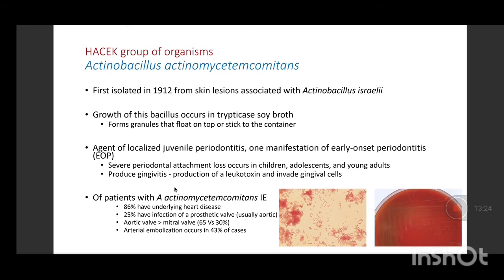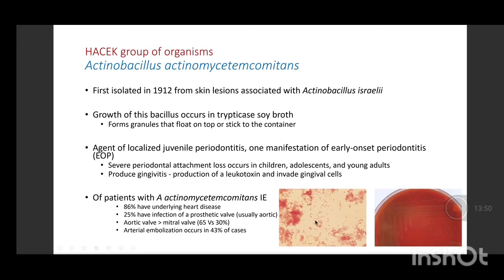So it can be cultured in septic soil broth, a liquid medium, where the growth will be floating on top. It has been associated with dental pathologies, where periodontitis, one of the manifestations of early onset periodontitis, is the common cause, and again spill over to the heart.